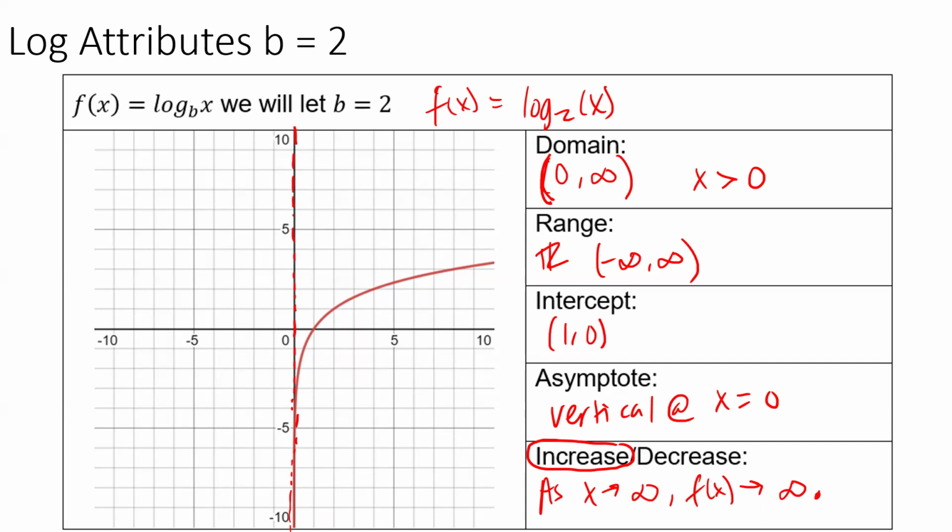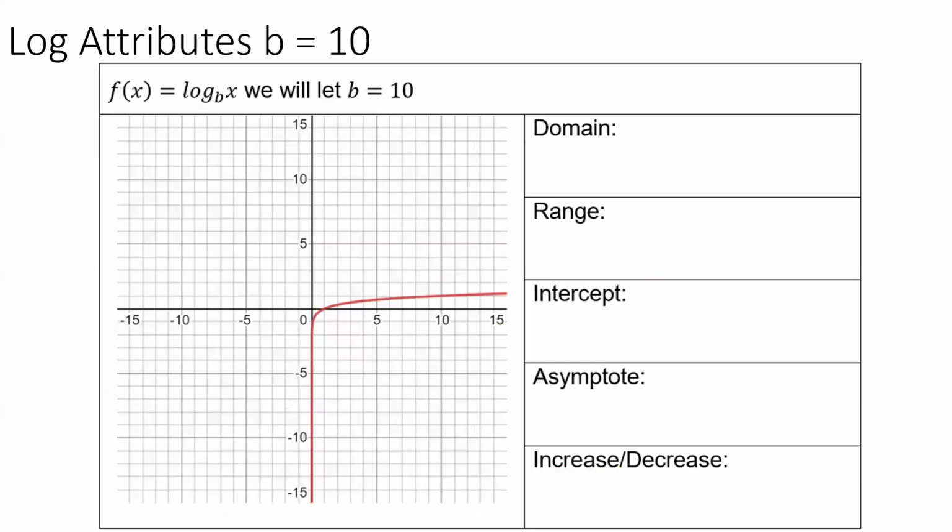All right, so with that same knowledge, really quick, you're going to fill in the attributes for the common log, which is what's up next. This is called our common log. Common log means that when you see a log by itself, your b equals 10.